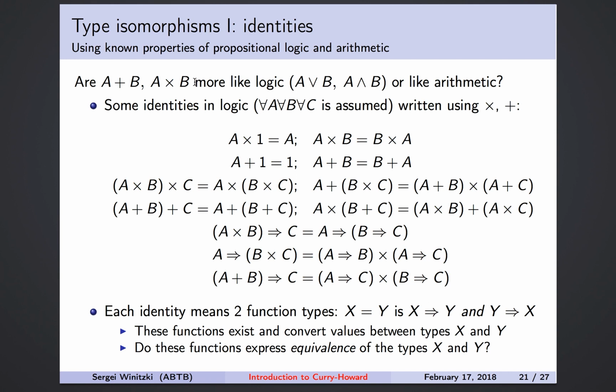Because this is kind of not so clear right away. Our logic is this intuitionistic logic. In any case, this is different from Boolean logic.